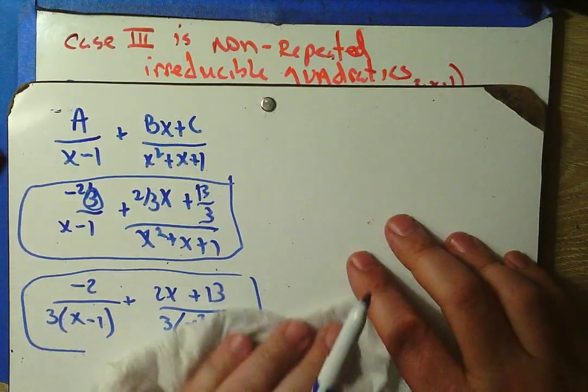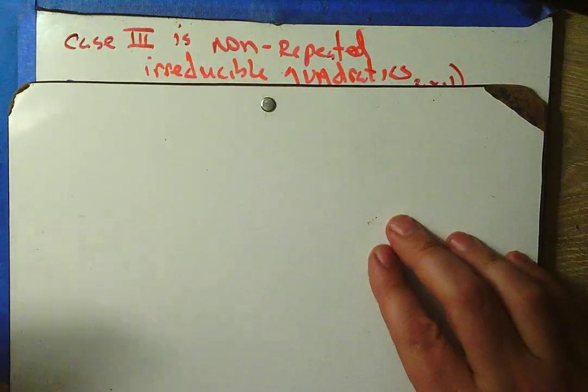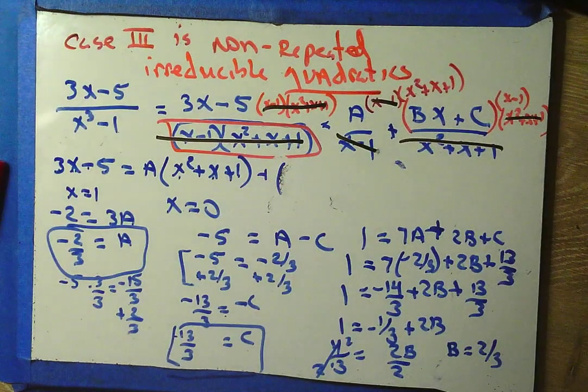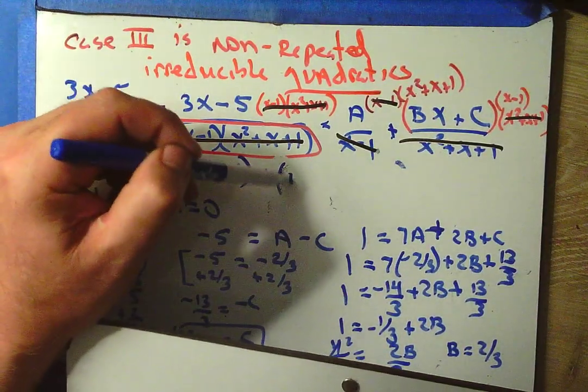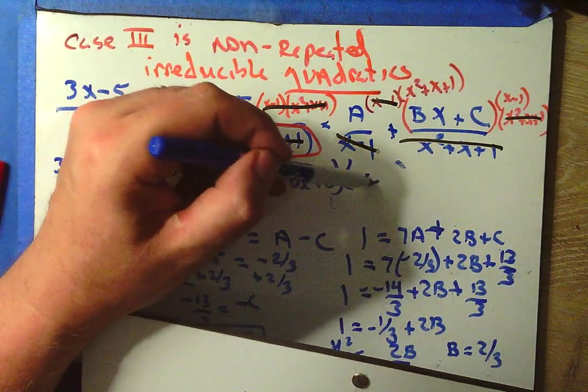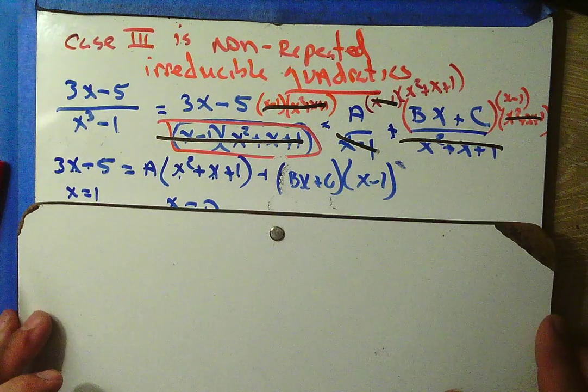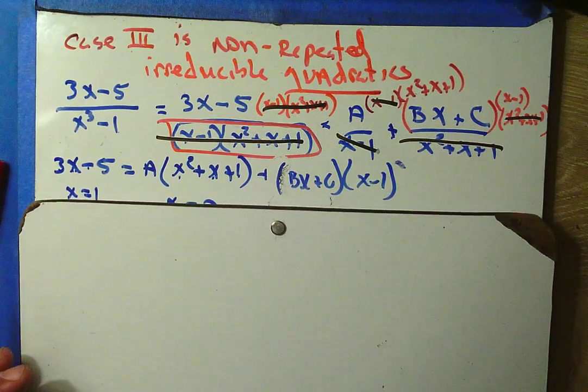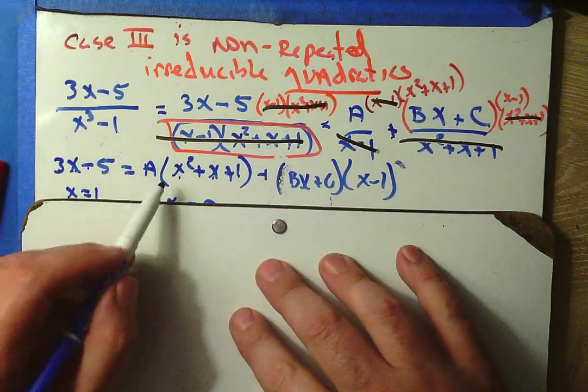And I'd like to get to that same place by using systems. Okay. We did magic numbers and not so magic numbers here. And remember we had bx plus c times x minus 1 here. Well, with systems from this point, remember we need to do some multiplication. All right, I need to FOIL here and distribute here.